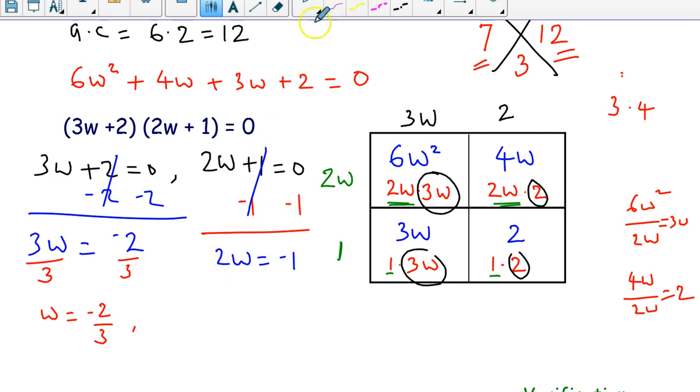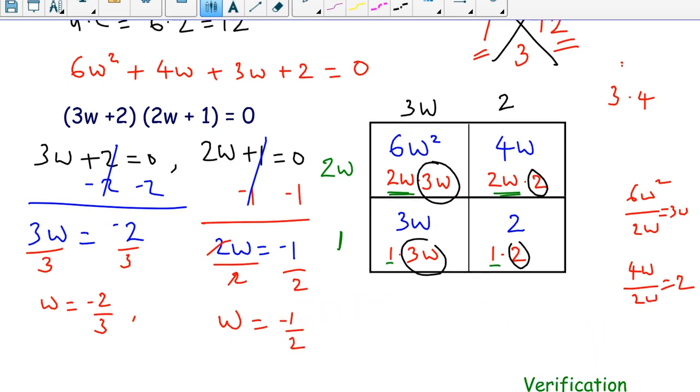Then to make W by itself, I'll divide by 2 on both sides, leaving W = -1/2.